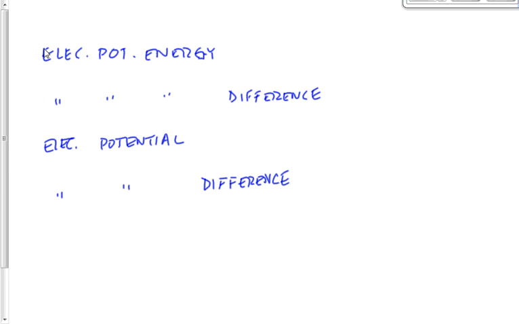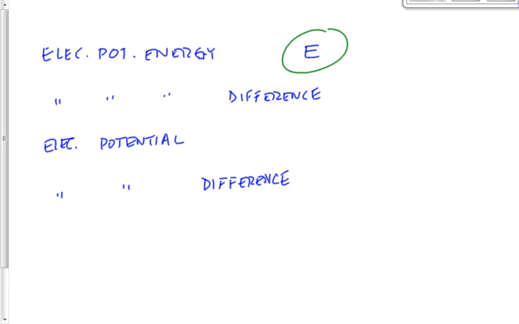Electric potential energy is the energy that's stored in a system of two charges a certain distance apart. It's not per person, it's not per charge, it's the total energy. The total energy stored in a system of two charges a certain distance apart. Now the symbol for electric potential energy is E. Don't get that mixed up with the electric field. Remember I told you when you did electric field, make sure you put the arrow over it so you don't get it mixed up with energy.